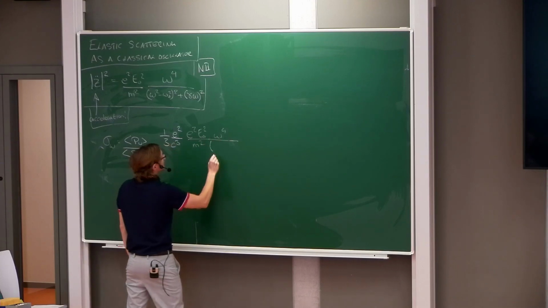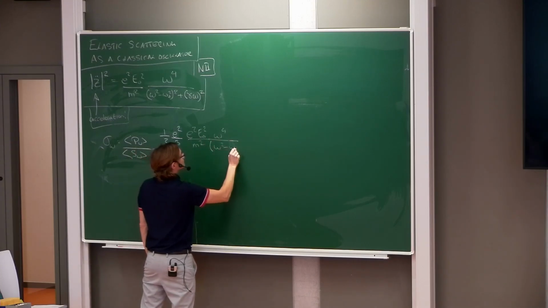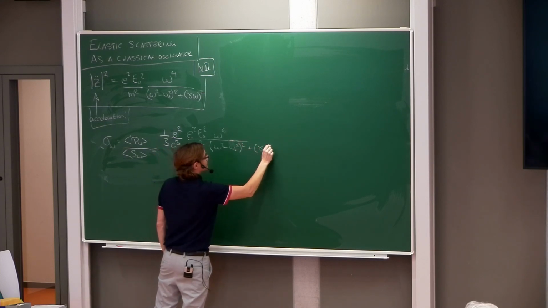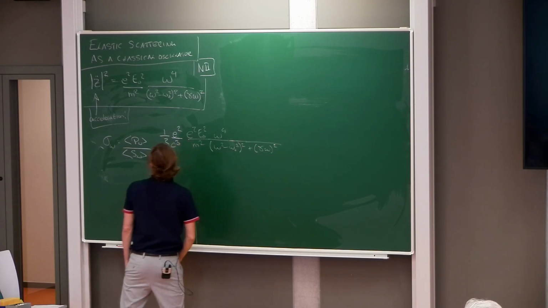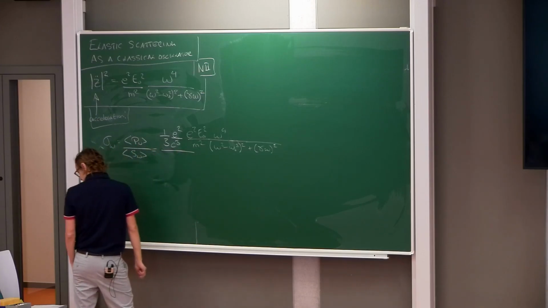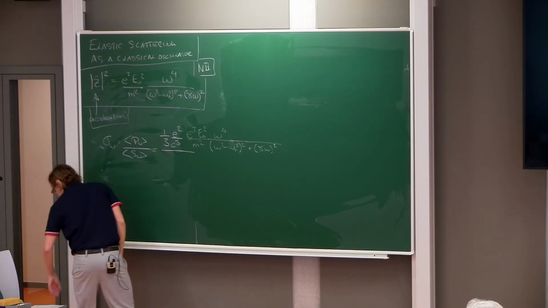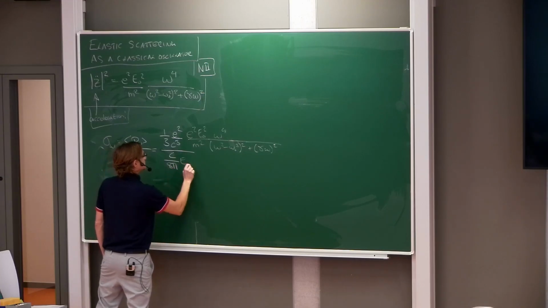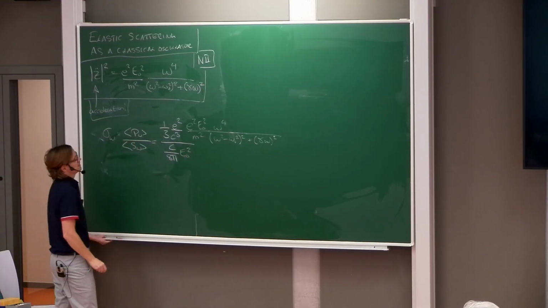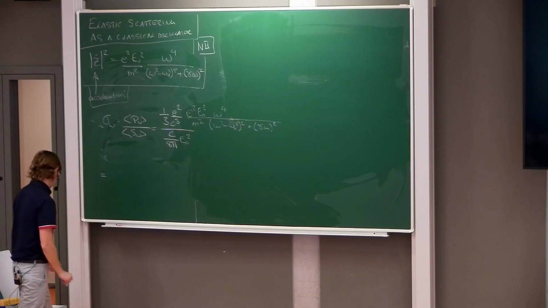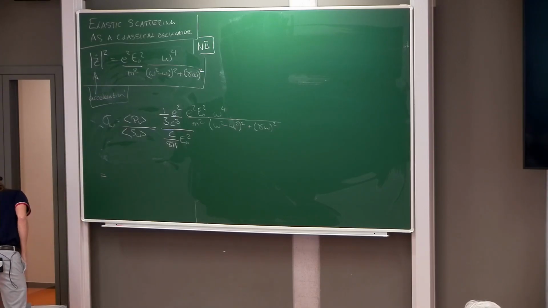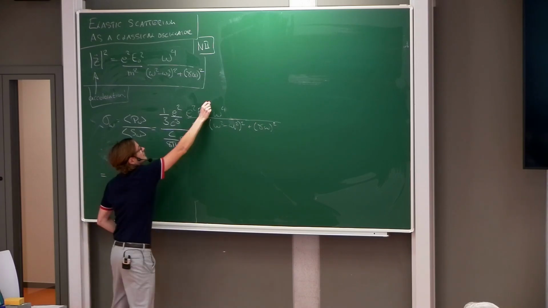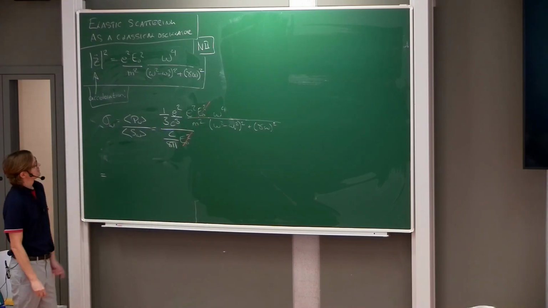We have to divide this by the Poynting vector, which was c E0² over 8π. What we can see here is we can simplify a bit. The amplitude vanishes.